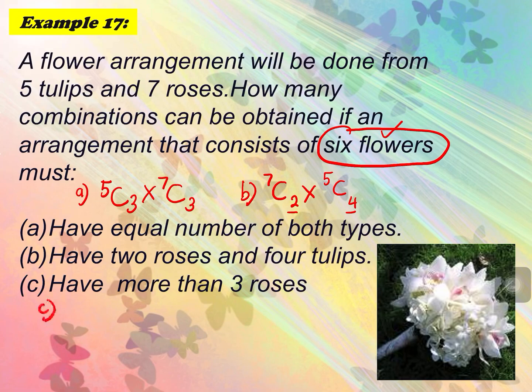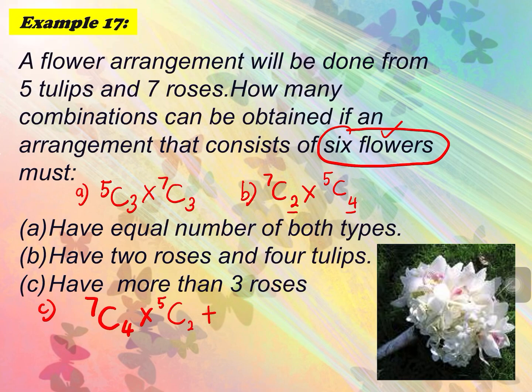You can use your calculator to get the value. And the last one, have more than 3 roses. The arrangement should have more than 3 roses. So what we do? From 7 roses, we pick more than 3. So we have 4.